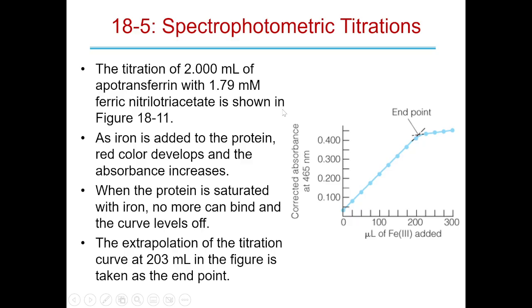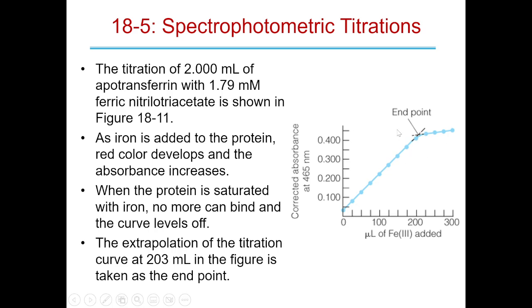All right, so the titration of 2 milliliters of apotransferrin with 1.79 millimolar ferric nitrilotriacetate is this figure right here. This is your corrected absorbances versus the microliters of the iron 3+ added. You notice you get a nice linear relationship here, and then that relationship changes right there, right? Okay.